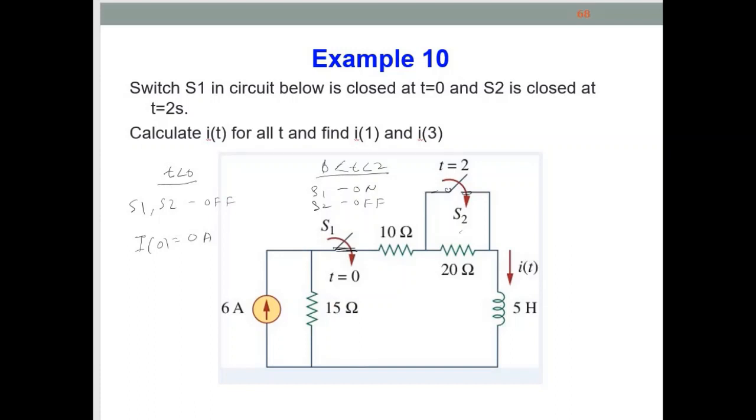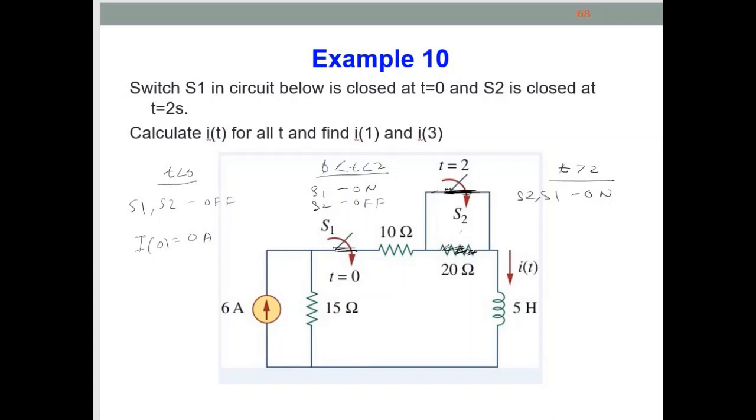The last time interval is when t more than 2. This is the condition when S1 is still on and S2 also will be on, up until infinity. So when S2 is on, this line will be connected, but this will no more be seen in the circuit, or will be disregarded, because go back to the basic principle of current.